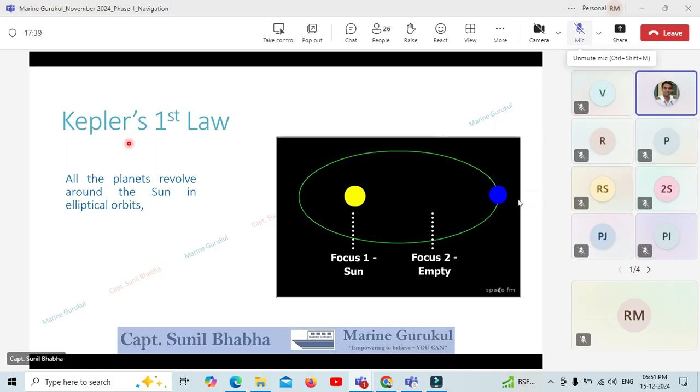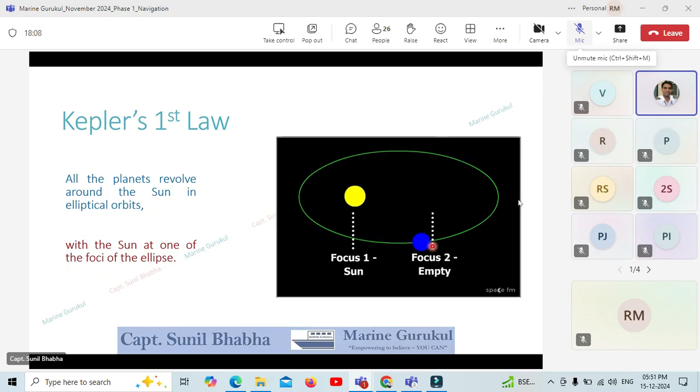They are actually elliptical. Now, just as a circle has one center, the ellipse, on the other hand, has two reference points, and these reference points are known as focus. So it has focus 1 and focus 2. In plural, it is known as foci. So all the planets revolve around the sun in elliptical orbits.